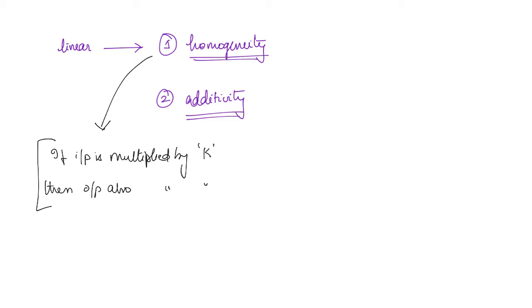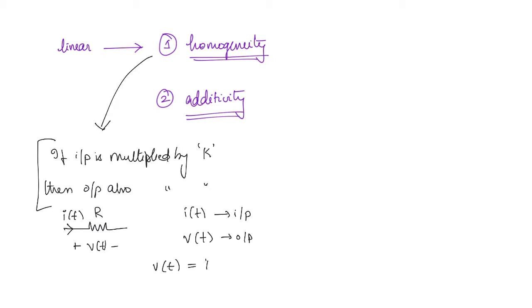If you take the example of a resistor, let the current be I of t and the voltage be V of t. For a given input current, we will take the current as the input and the voltage as the output. So the output V of t is related to the input as R into I of t. This is according to Ohm's law, right?